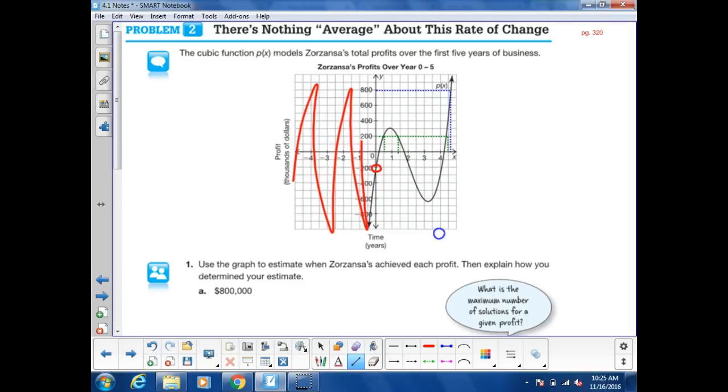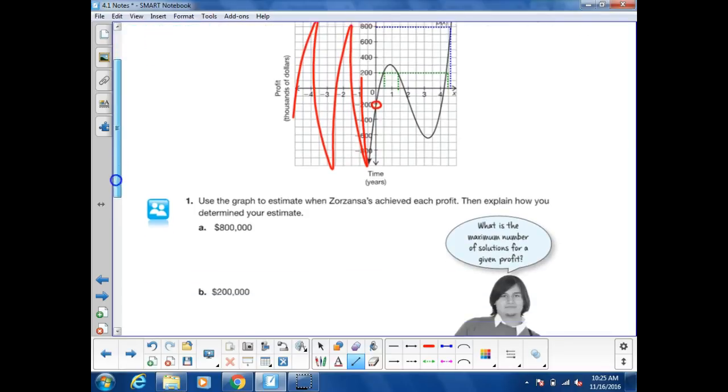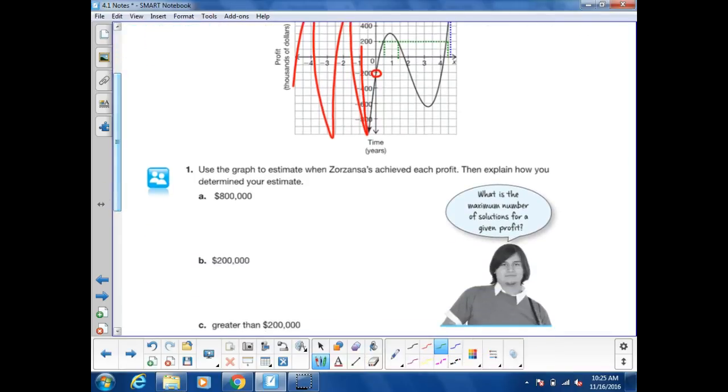Okay, so at 800,000, we should have something a little bit more than 4.5, right? But not quite 5. So let's go with 4.55 years.